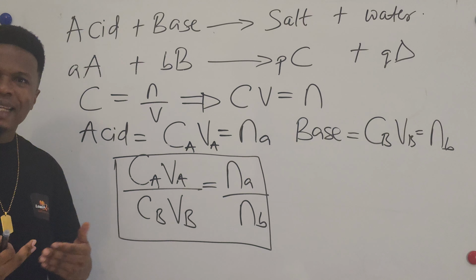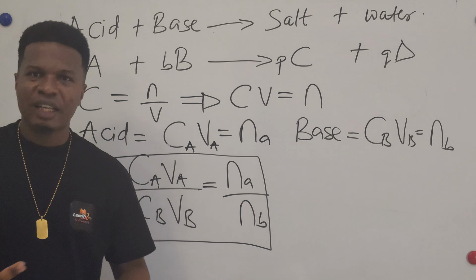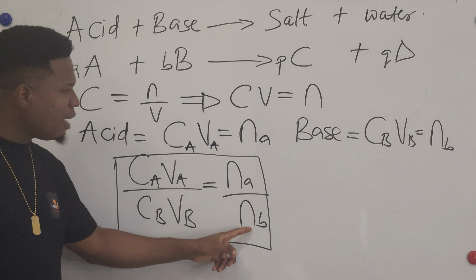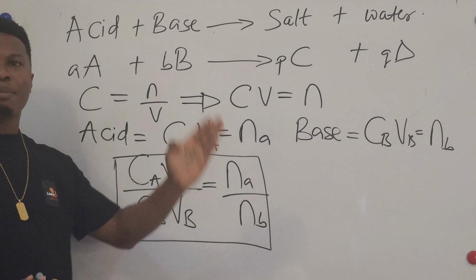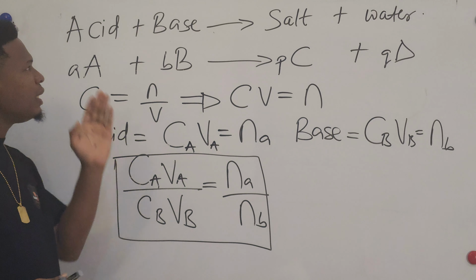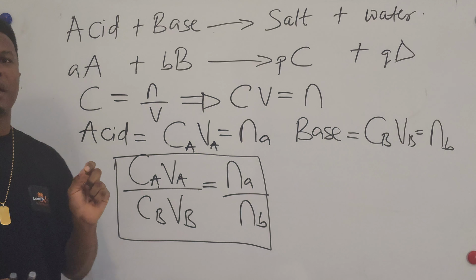So it means that the acid has been able to react with the base to produce the salt and the water. So the na and the nb are usually gotten from a balanced chemical equation involving the acid and the base. So this equation works when all the parameters are known except one parameter.